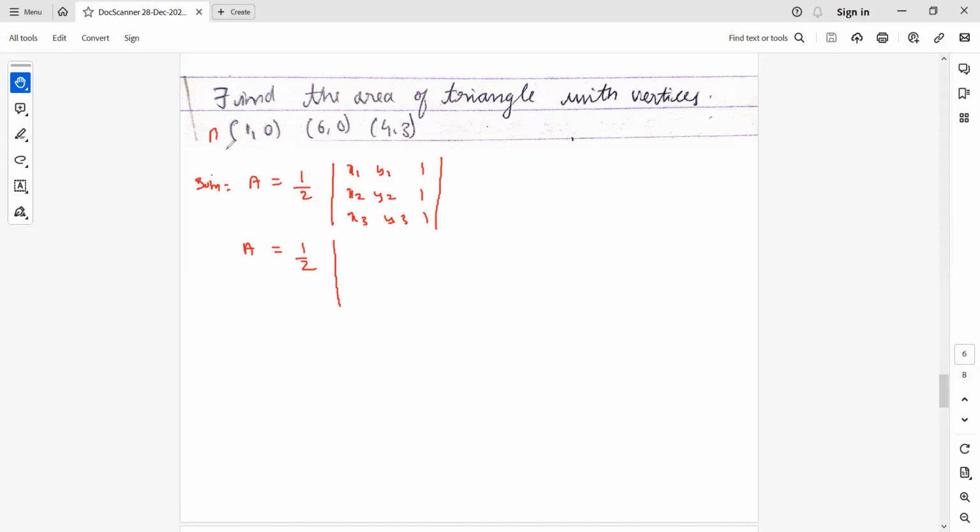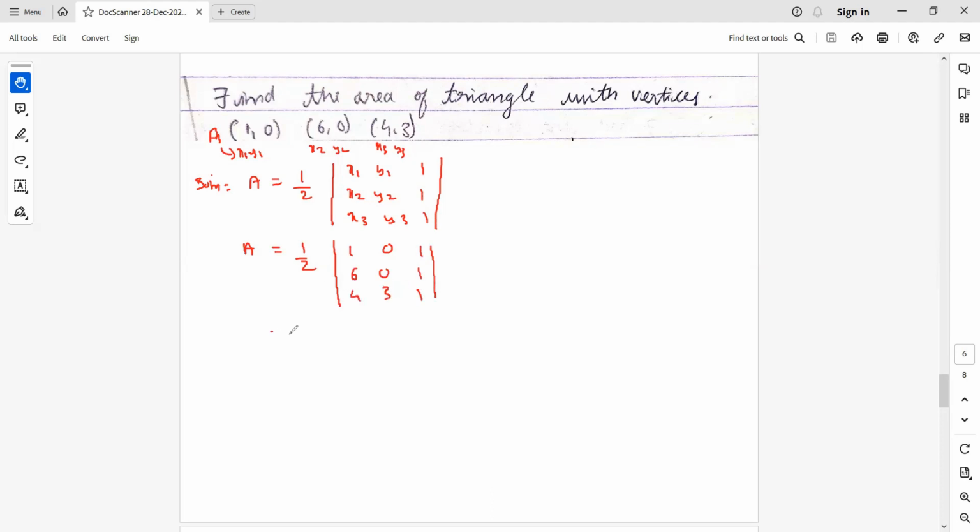So consider this x1 y1, this x2 y2, and this x3 y3. In place of x1 y1, replace 1 0 1. Similarly x2 y2 will be 6 0 1, and then 4 3 and 1.